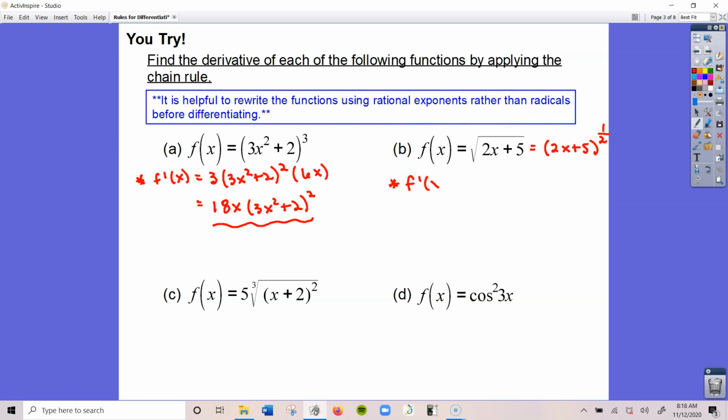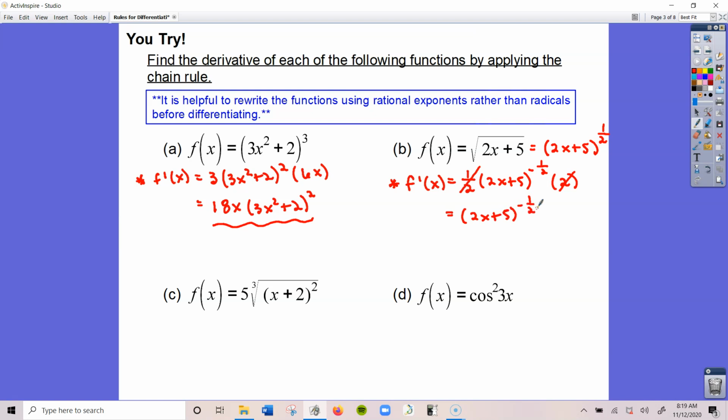And again, this is the chain rule. So I move the fraction to the front. So 1/2 times 2x plus 5 raised to the negative 1/2 times the derivative of 2x plus 5, which is 2.